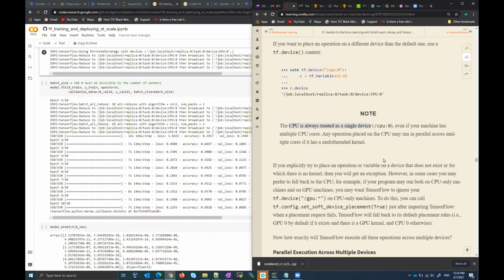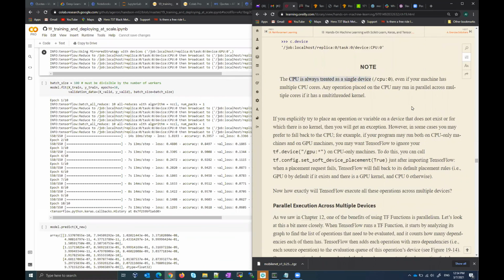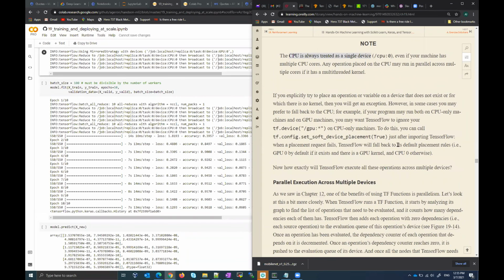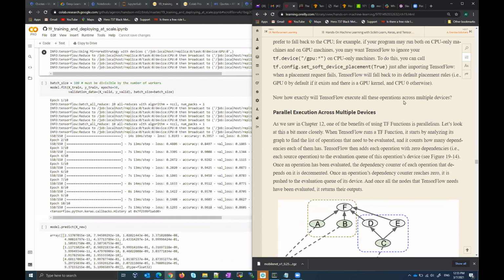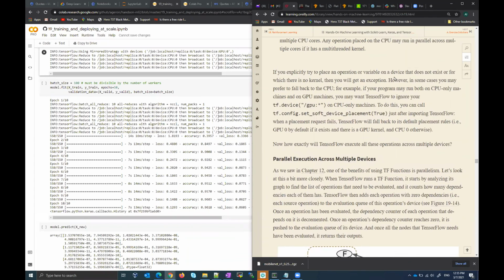And the CPU is always one device, even if you have multiple cores. Yeah, the multi-threaded kernel here can be used as a data preprocessing step, in which we have, suppose, augmentations and other stuff that needs to be applied. That prefetch and all that we studied in chapter 12 or chapter 13.